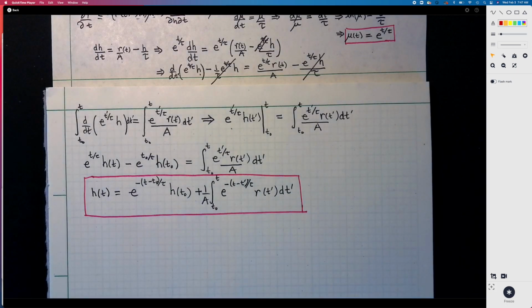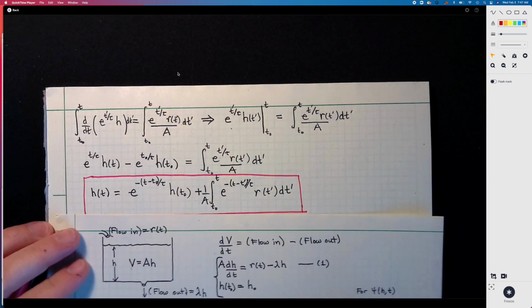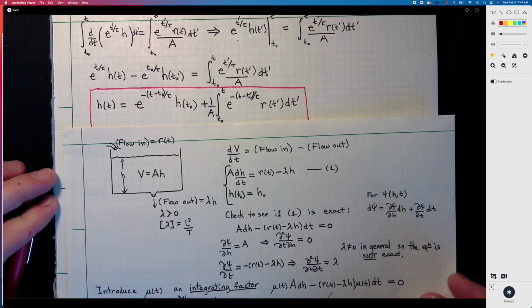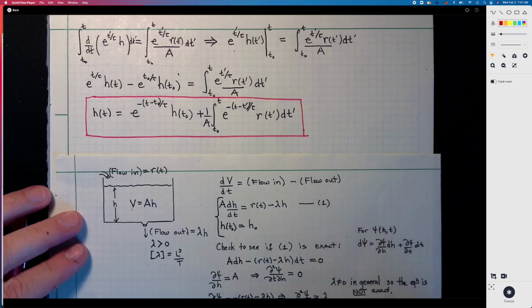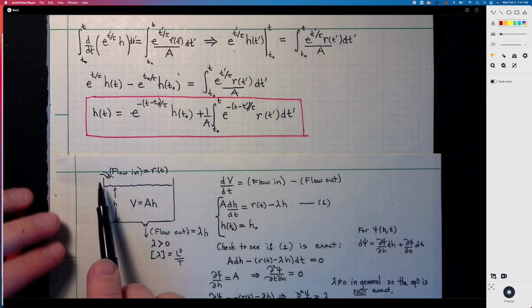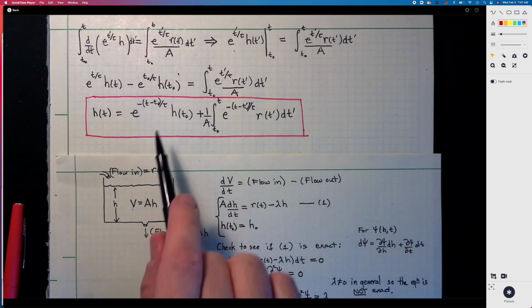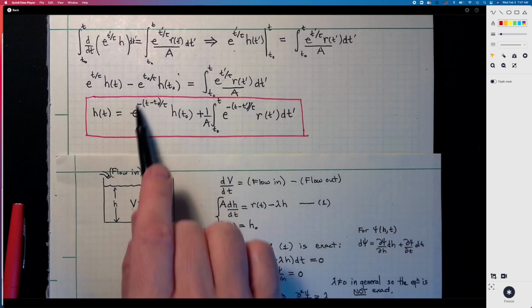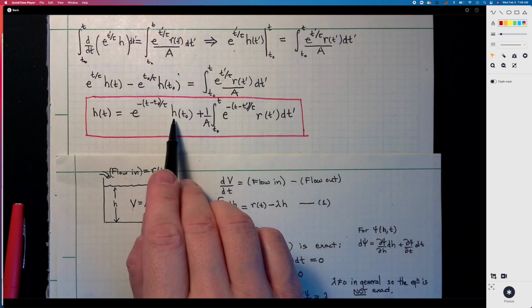And so the form of the solution is interesting. If there was no source in the tank, so let me bring back the picture here. If I had no inflow, if r was 0, then the solution would just be this form, in the form of just an exponentially decaying solution. So at time t naught, the height is h.